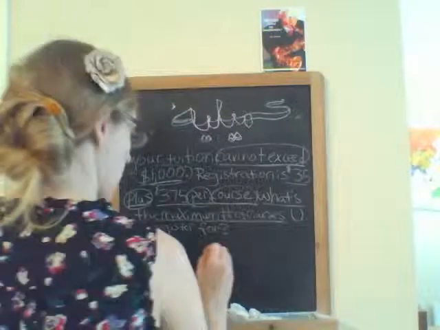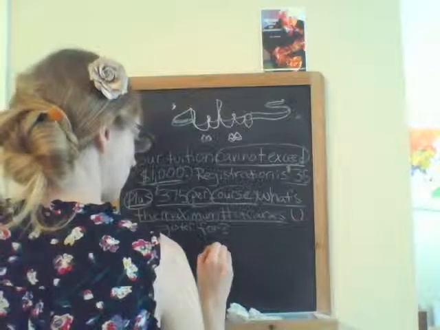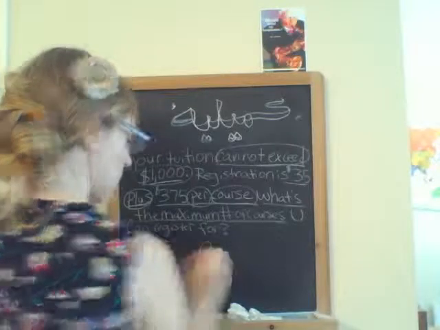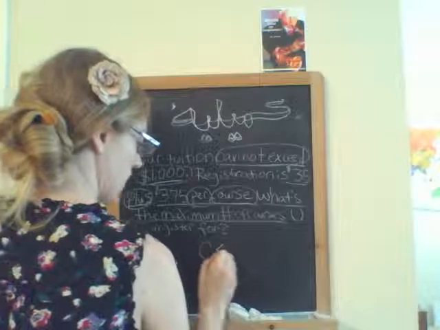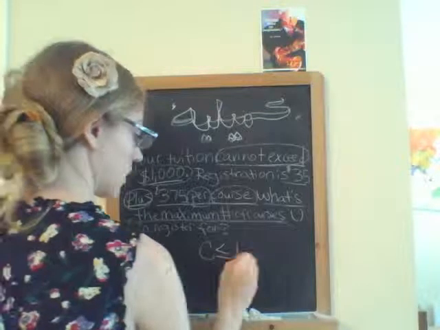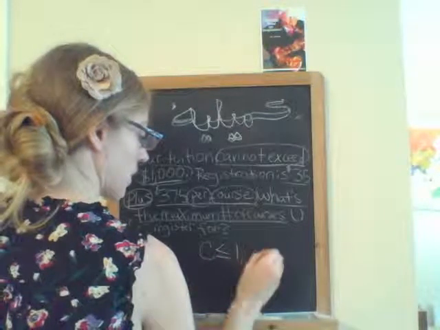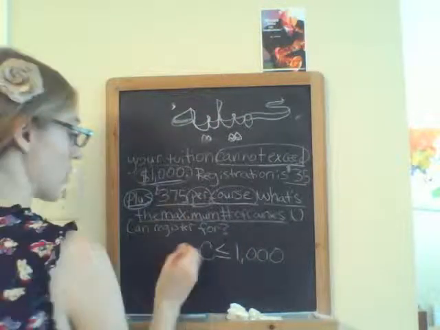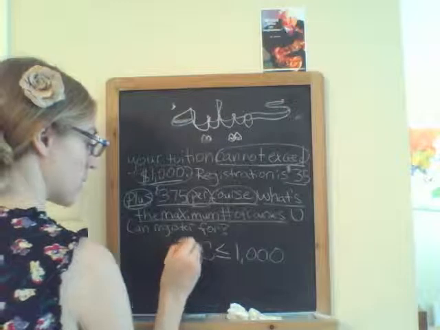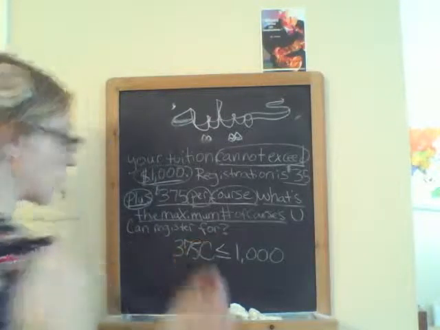So I know right off the bat my college tuition cannot exceed $1,000. Now I know it's $375 per course, and that's multiplication.